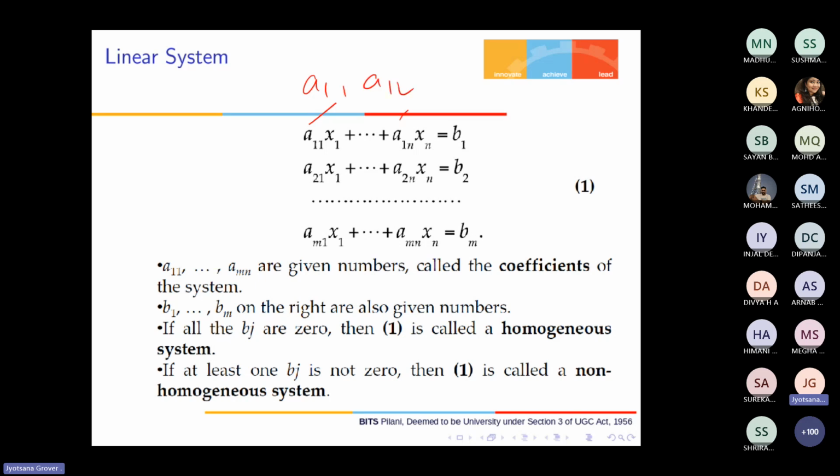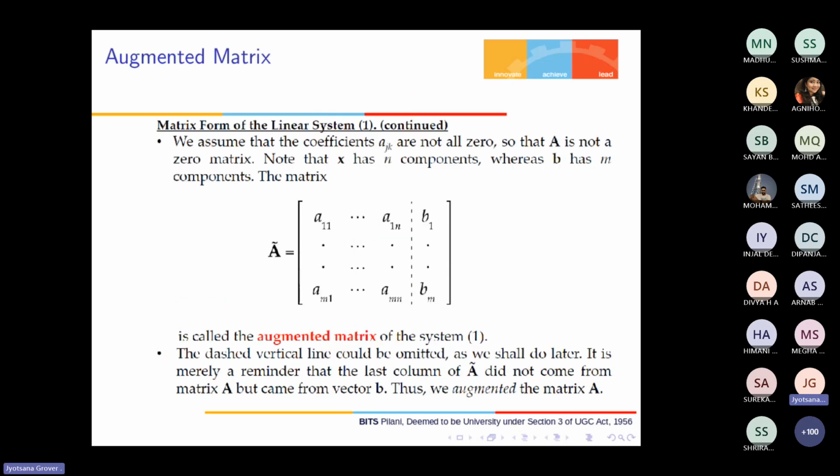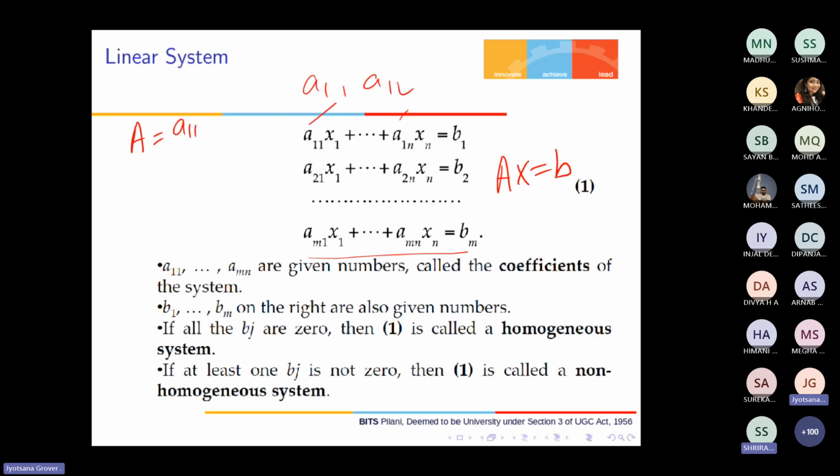So this can be represented as AX equals B. I'll show you how. For example, y is equal to mx plus c, right? That's a straight line equation.